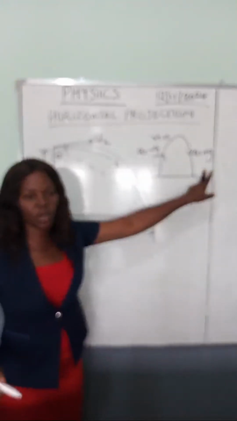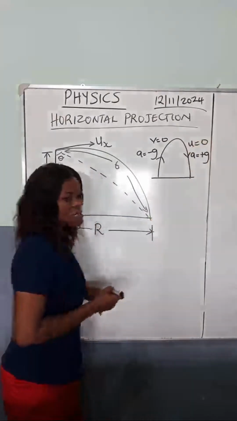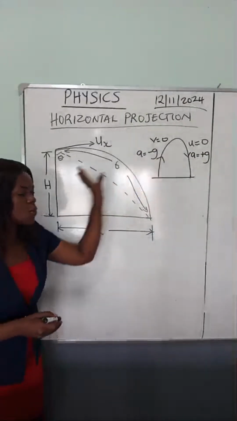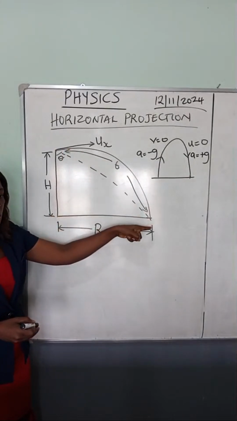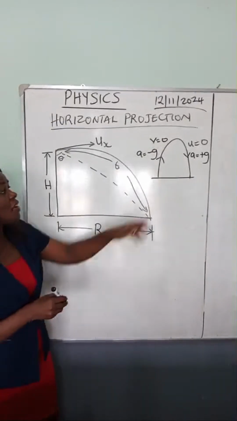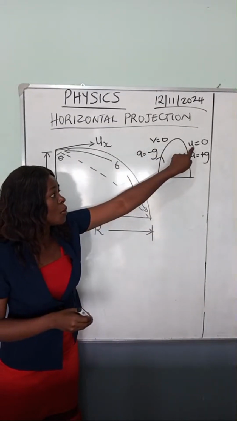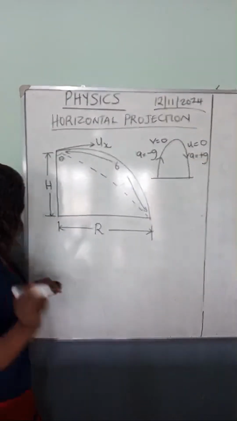Our a is equal to plus g. Then u is equal to 0. Now, if you are comparing this with this motion, I'm taking the downward motion. That means this object is coming down. And if an object is coming down, that automatically means that u equals 0. Is that clear? Okay.